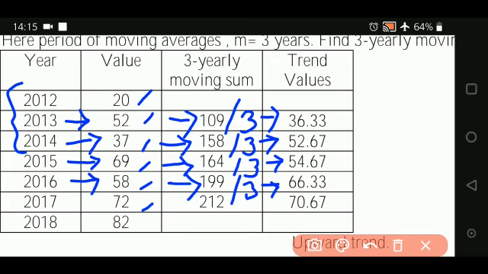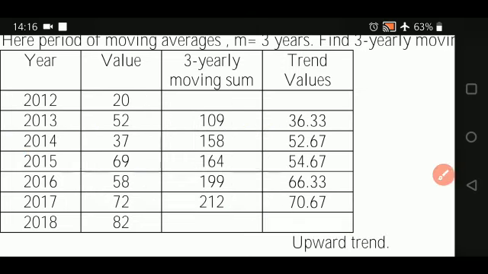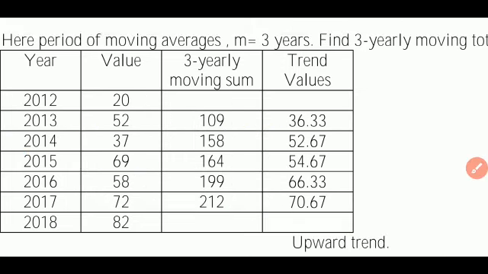It is 66.33. And the last set, which you write in front of the year 2017, the total values you will be adding are 58, 72 and 82, and that is 212. When you divide it by 3, it gives 70.67.